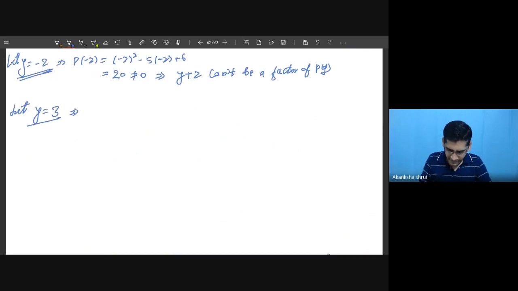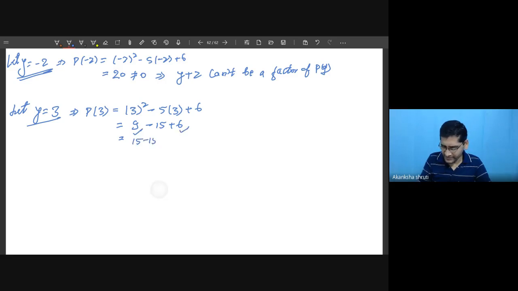What is p of 3? 3 square minus 5 into 3 plus 6. 9 minus 15 plus 6. Add 9 and 6, which becomes 15, minus 15.